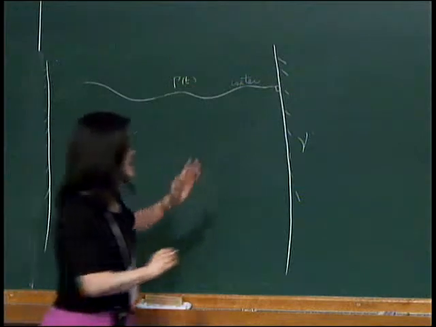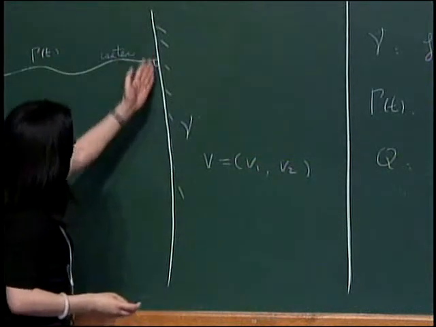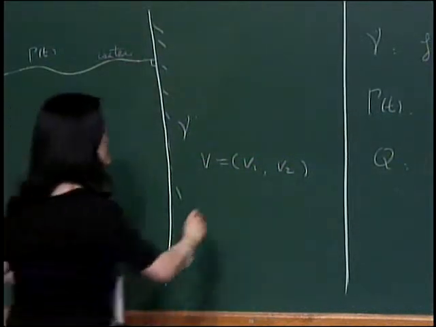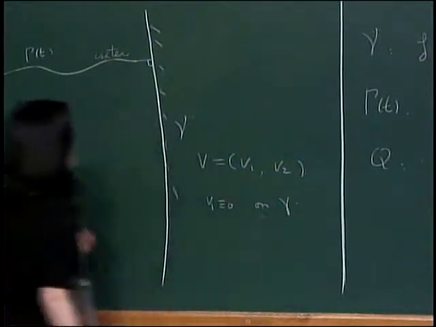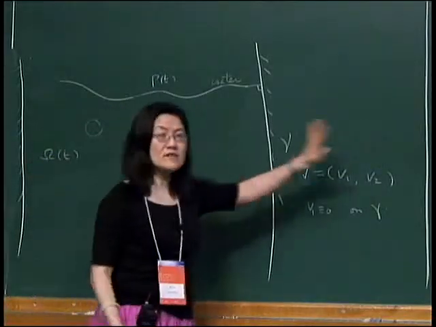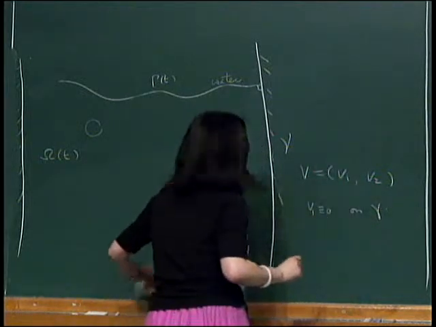So we know that the velocity field is (V1, V2). If this is a vertical wall, that means the velocity V1 is always 0 on gamma. So that means you can make a Schwarz reflection.